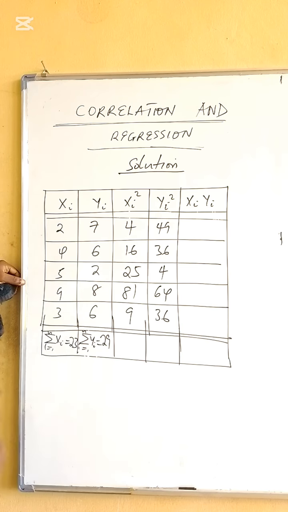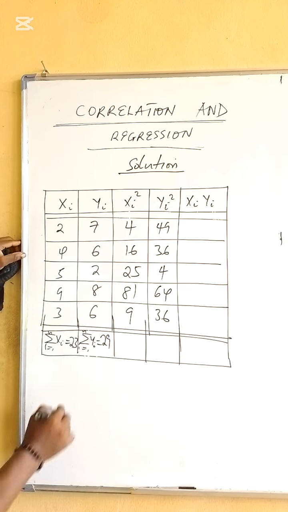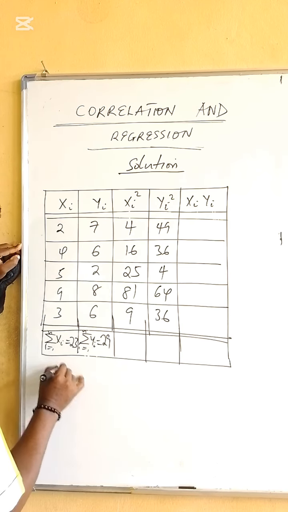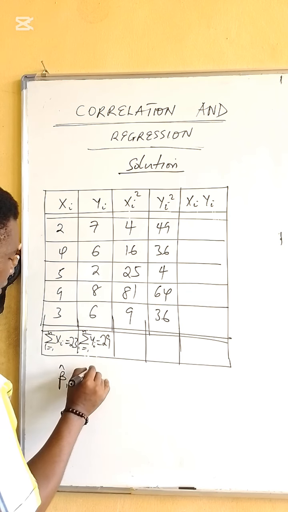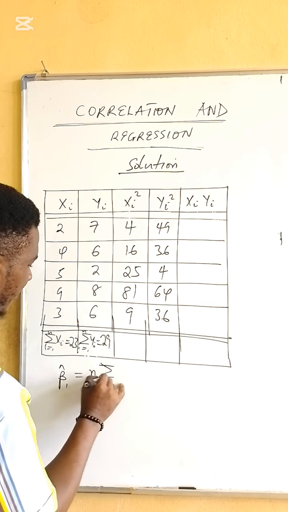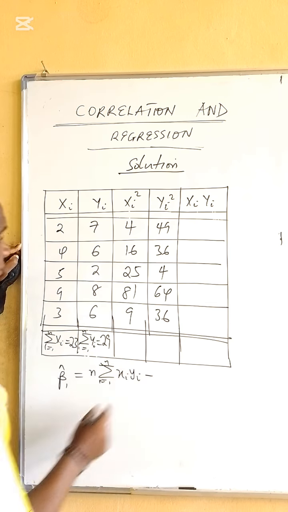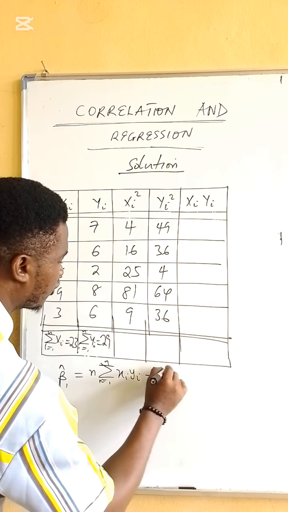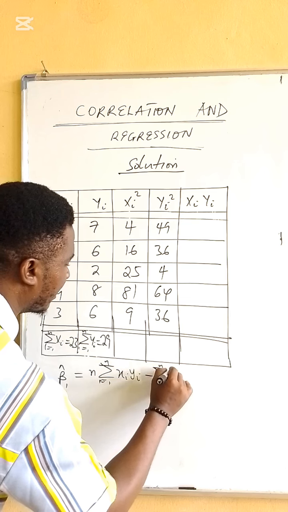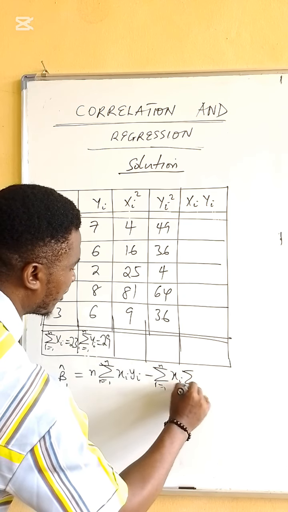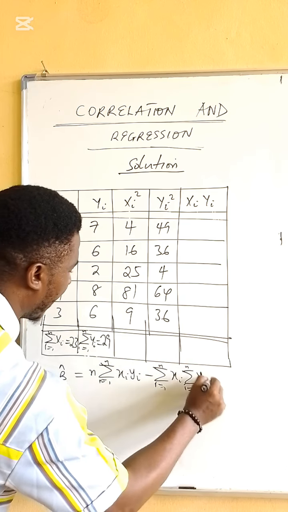But let's go to why we are actually doing what we are doing. Now, for beta 1 cap, please recall that the formula was n summation from i equals 1 to n, xi yi, if you remember vividly, minus summation from i equals 1 to n, xi, times summation from i equals 1 to n, yi.